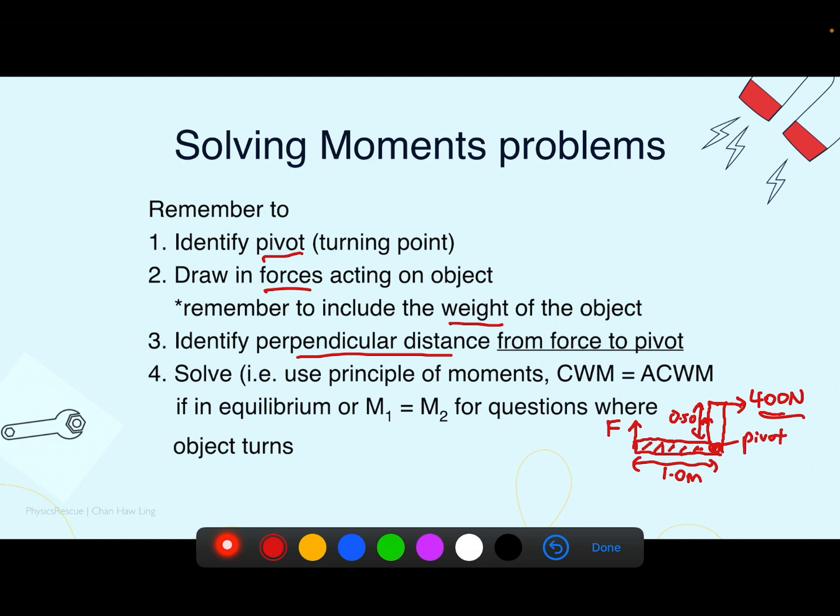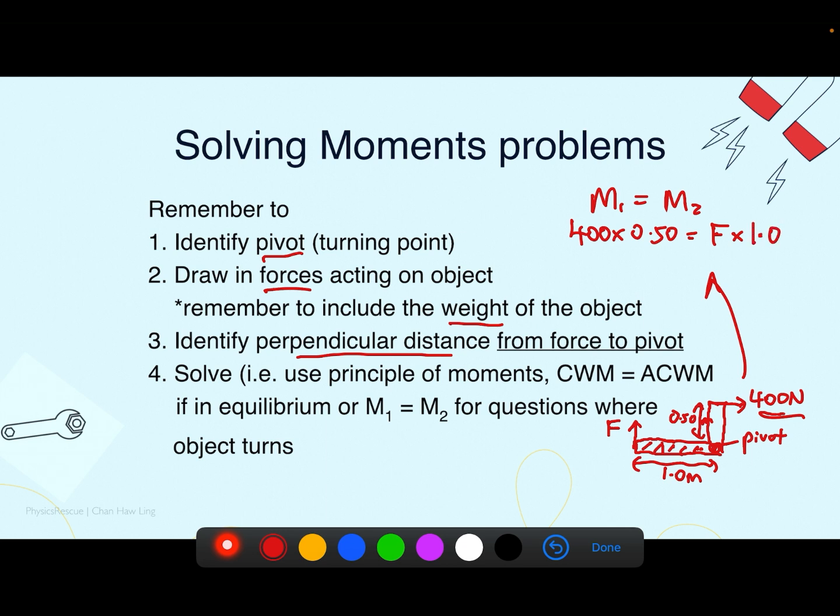So in this case, our working would be to write M1 equal to M2, right? The clockwise moment caused by the 400 Newton force is equal to the clockwise moment caused by F, which is the clockwise moment as a result of that 400 Newton force exerted at 0.5 meters, right?